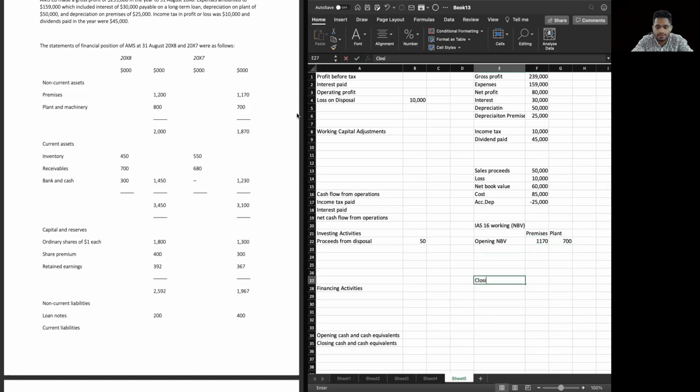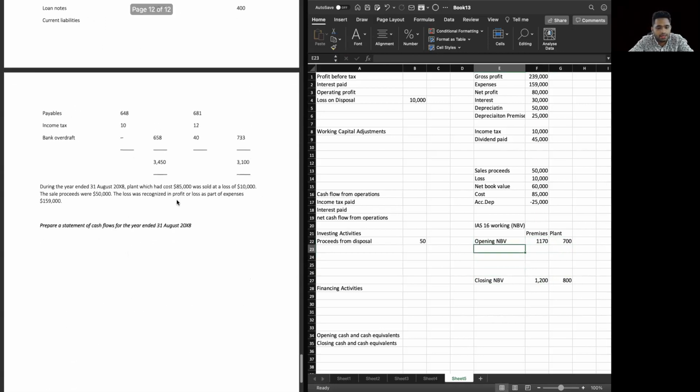The closing balance for premises, it's going to be 1,200, and for plant, it would be 800. Now the disposal is going to be a plant. A plant is what you are going to be disposing. So you will have a disposal coming in, which is a plant which had a net book value of 60, right?